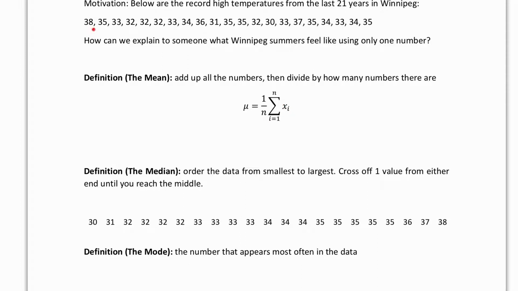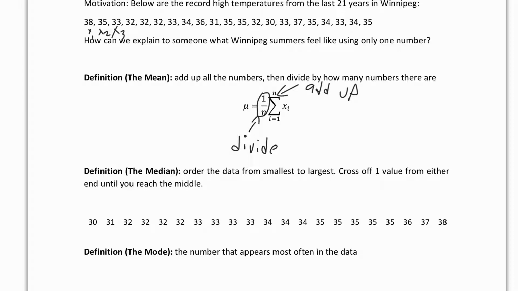So this would be x1 over here, this would be our x2, and then x3, and so on and so forth. So we're going to add up all of them, and then at the end, this portion allows us to divide. So it's just a fancy formula that says what you hopefully know. To find the average, you add up all the numbers and divide by how many there are.